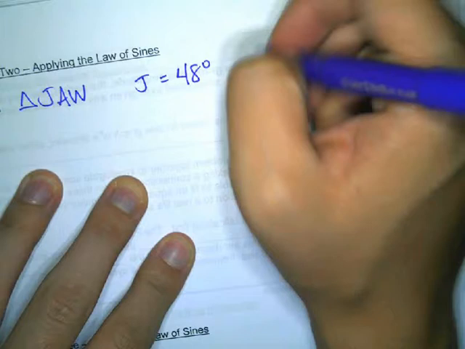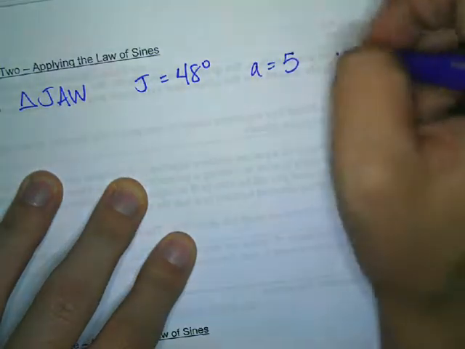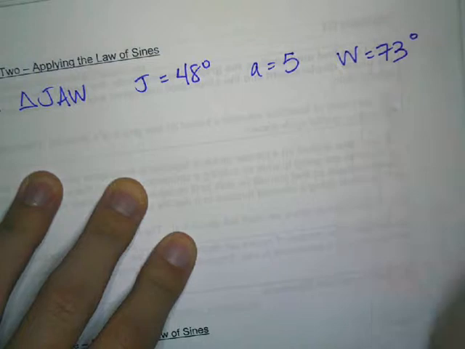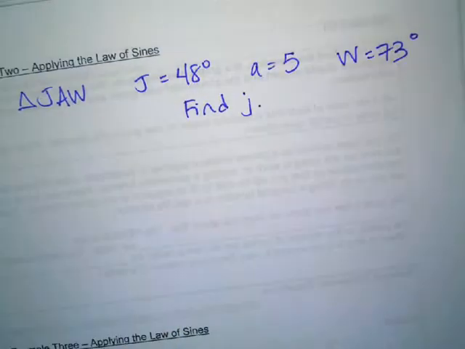We'll do this one together, and then I'll probably let you do the last one on your own. See how you do? Okay. I'll make you find one side this time.